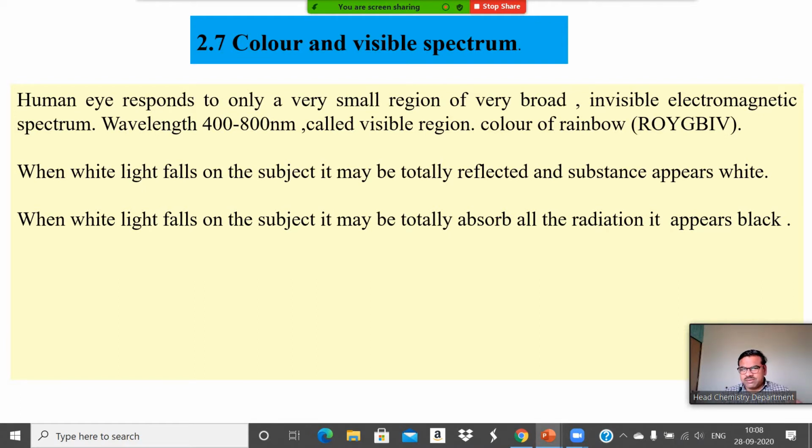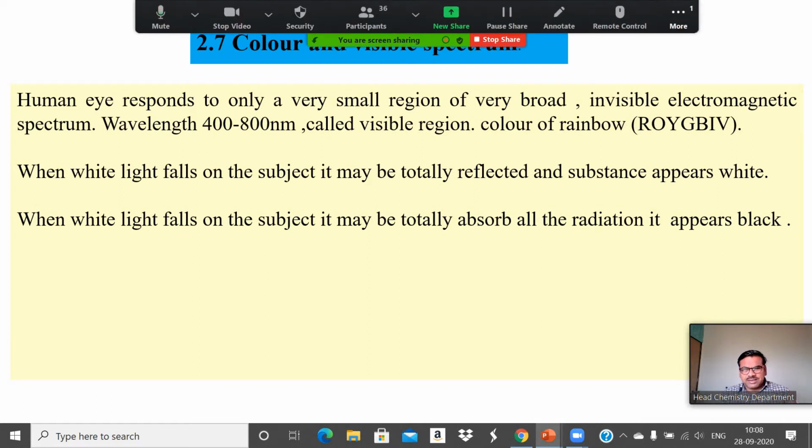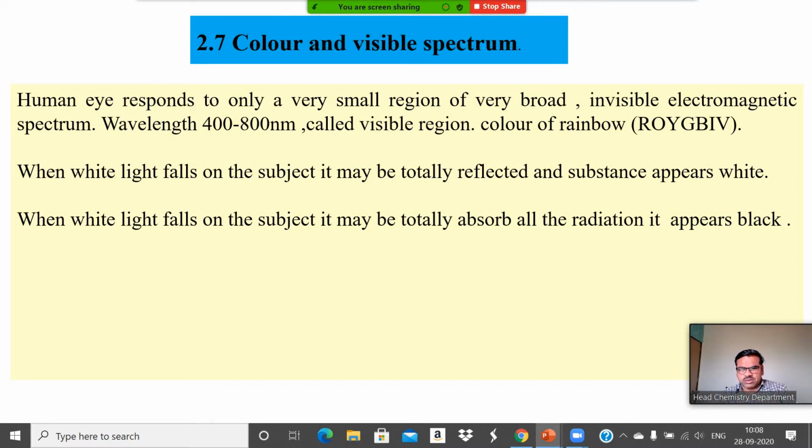Remember this one. When white light falls on the object, it may be totally absorbed, all the radiation, and it appears as black. In the first case, white light is totally reflected, therefore the object appears white.